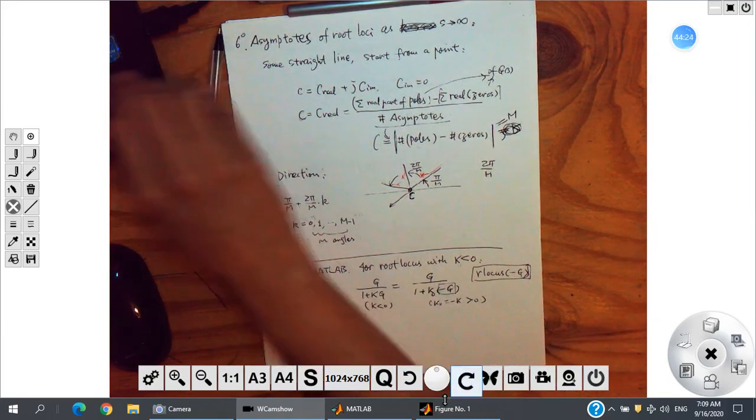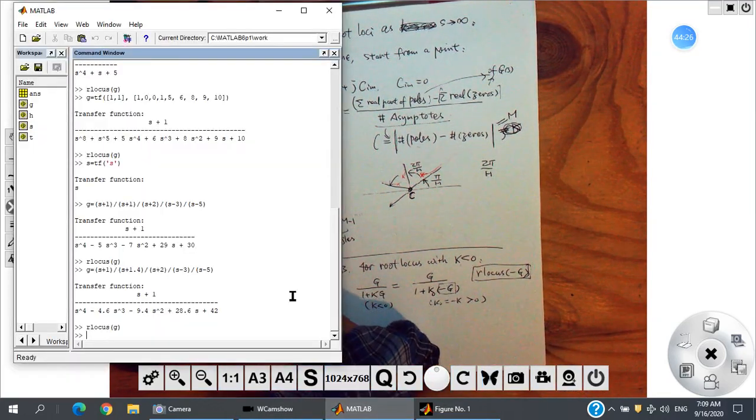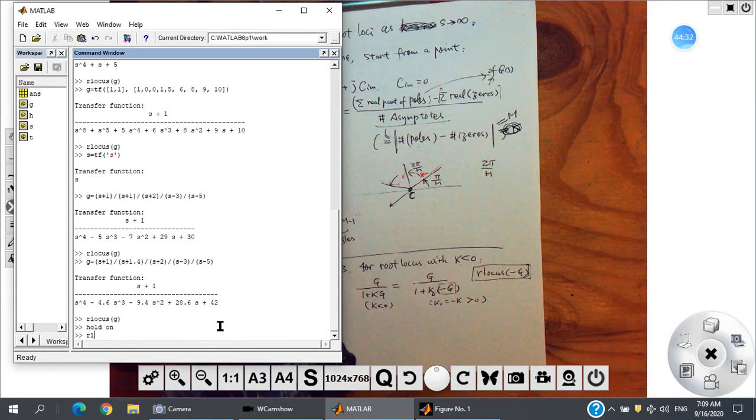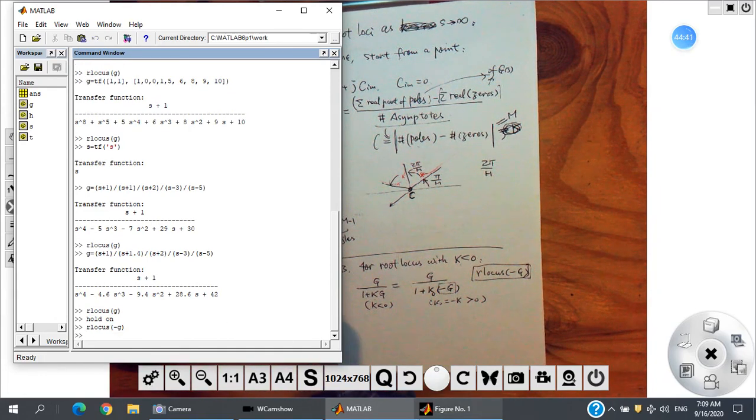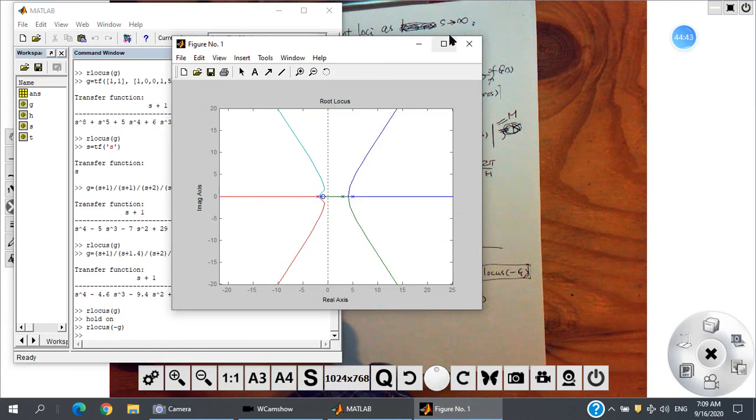Okay, so we can have these. Hold on. Then root locus of negative g. Now in the graph I will have both.